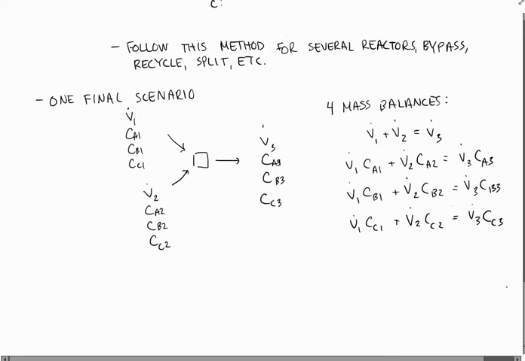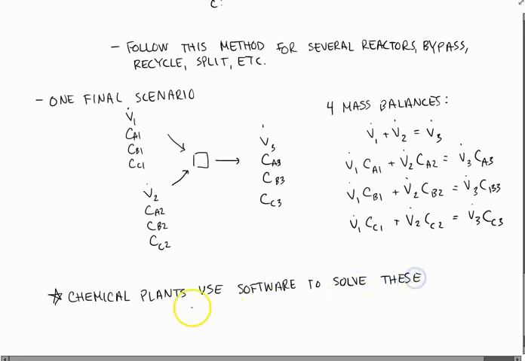They all kind of come back to these same principles of mass balance. And every subfield has software that they use to actually do these mass balances. But realize that these equations and this analysis is what is underlying those software packages that you might be using in a professional setting.